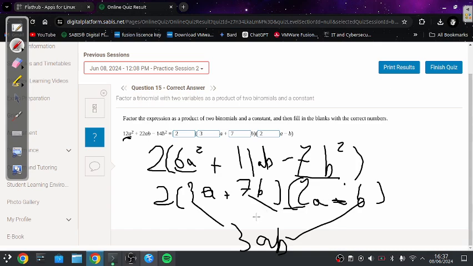No, wait. This is negative 3ab. Sorry, into 14ab. This gives you 11ab, which in this case is our middle term. So this is the right answer.